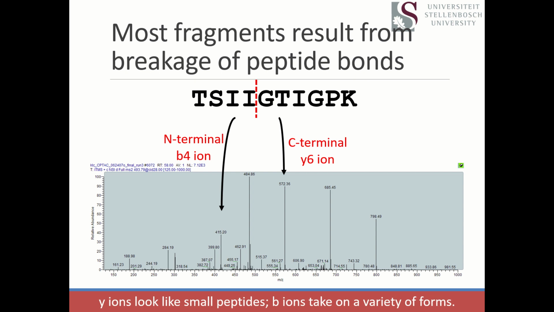Now, does everyone know precisely what math we use to get at the computed M over Z value for one of these B ions or Y ions? Okay, well, then it's a great place to start. Everyone, I think, has started memorizing that amino acid residue table, right? Great, I'm going to start with an easy one. How about this I? I stands for what amino acid?